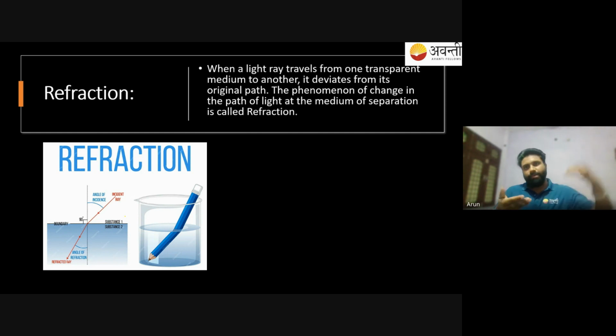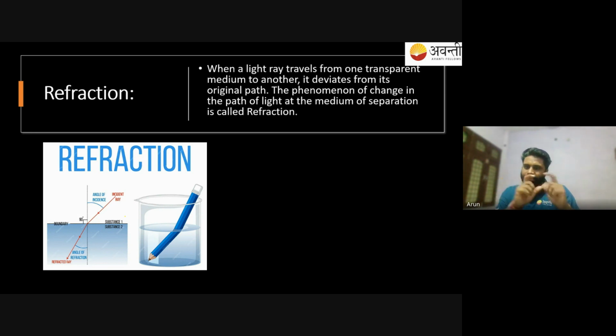Okay. जब भी कोई ray enter करेगी, it will strike the boundary and penetrate through the medium. Okay. That phenomenon is termed as refraction, but it is an incomplete definition. What is the perfect definition of it? When light comes and strikes a transparent medium, the path of the light is deviated.